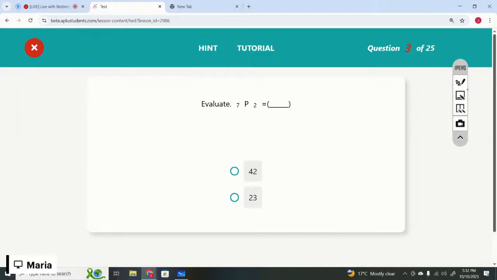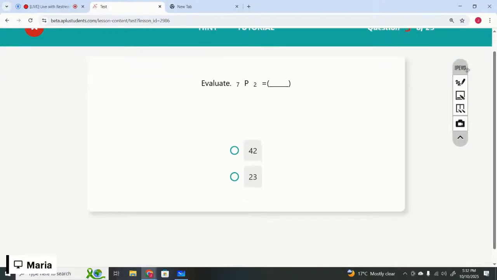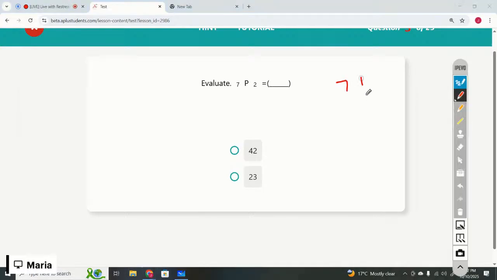Evaluate 7P2. That is 7 factorial divided by 7 minus 2 factorial. So 7 factorial divided by 5 factorial it is.